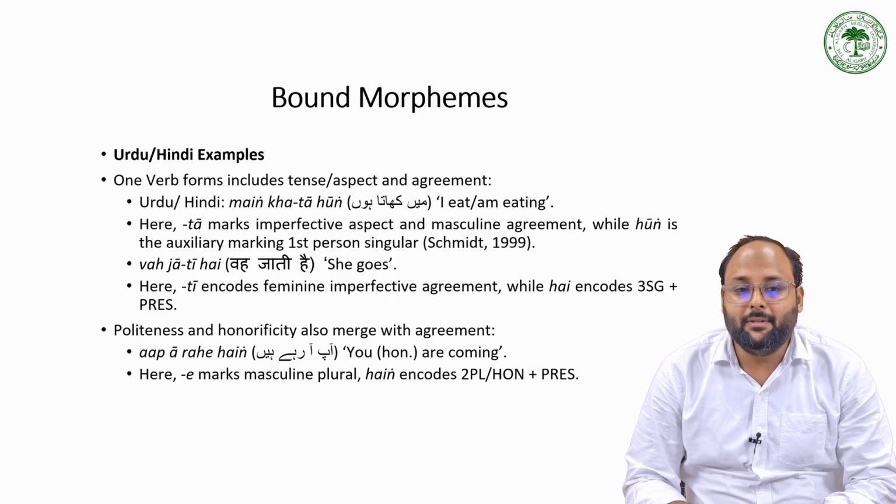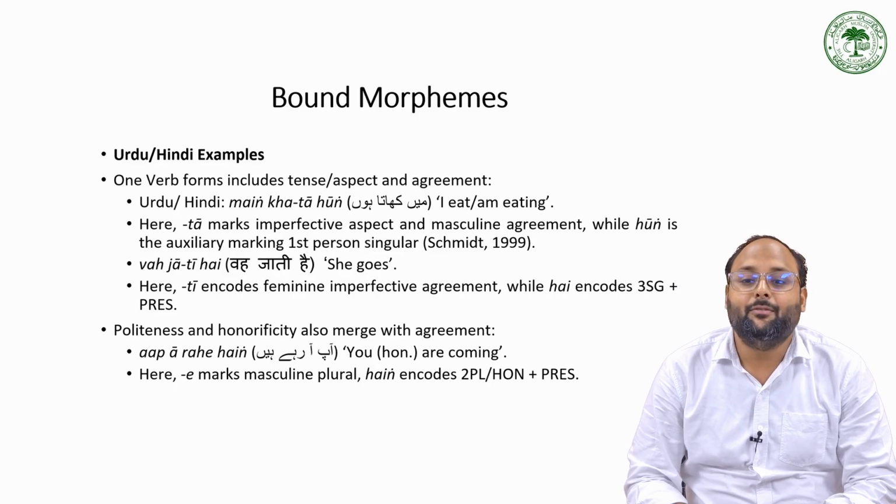If we have the example like "आप आ रहे हैं", so "you are coming", here "e" marks two different features. One, it represents the masculine plural, and the other, it has the agreement with "aap", which comes under honorificity. And in the same way, we have the auxiliary "hain", which also includes more than one grammatical feature. One is second person plural or honorific, plus present tense.